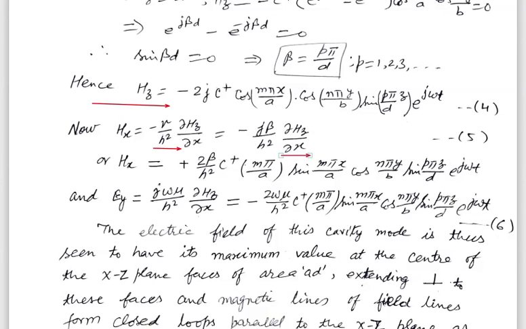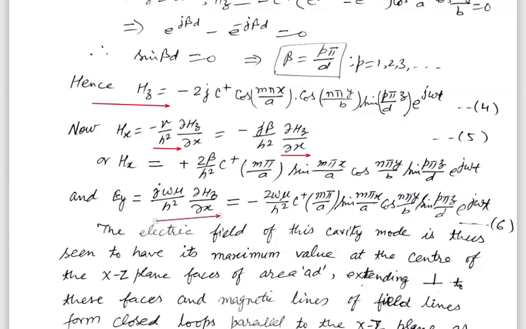After substituting the value from equation number 4, Hx equals 2β upon h square C plus mπ over a sin(mπx/a) cos(nπy/b) sin(pπz/d) e raised to the power jωt. Similarly, the value of Ey will be given by jωμ over h square, del Hz over del x, and this is represented in equation number 6.